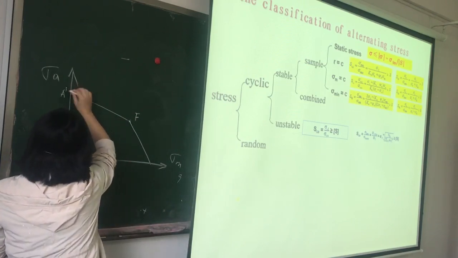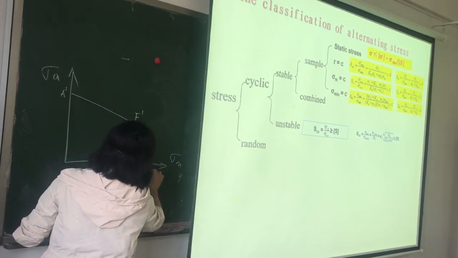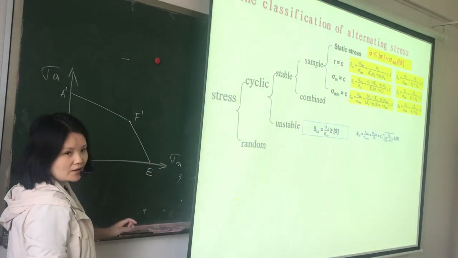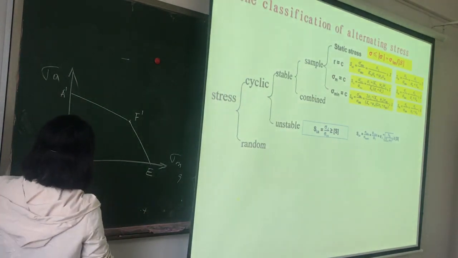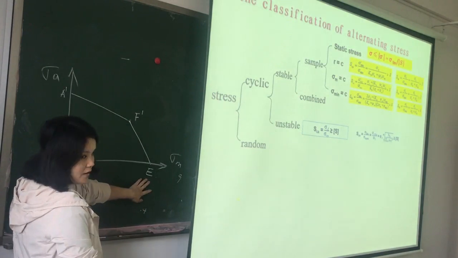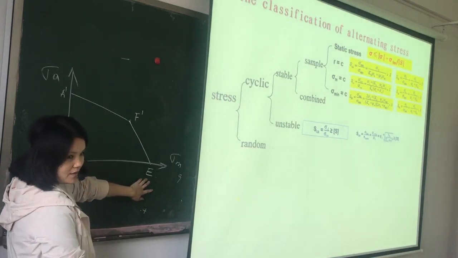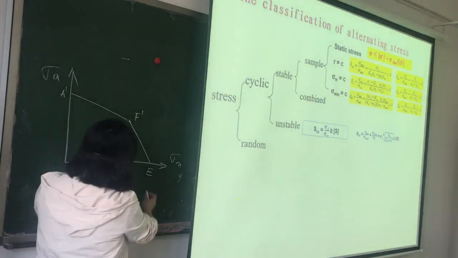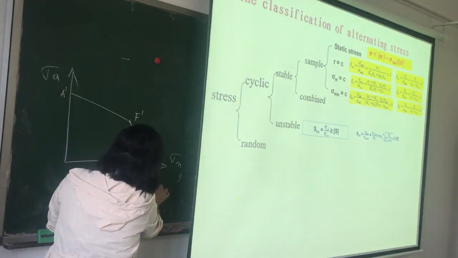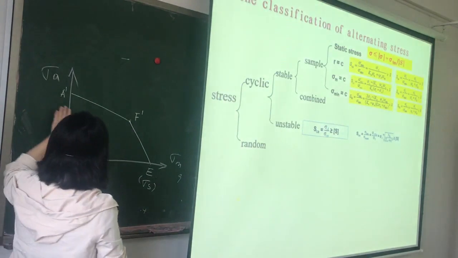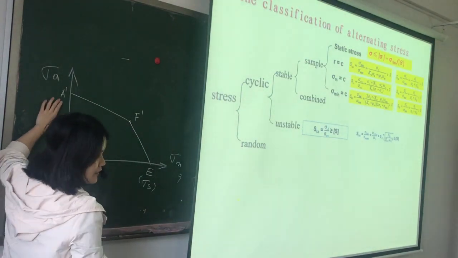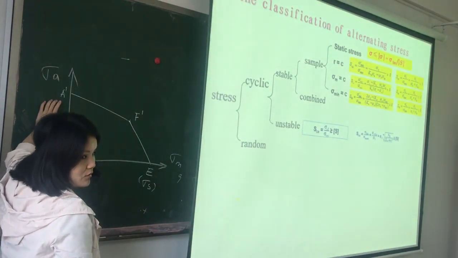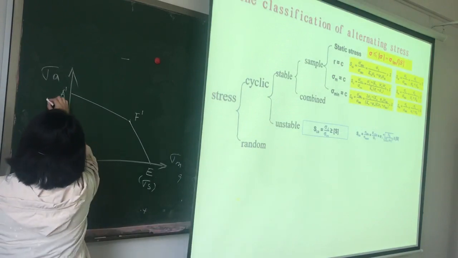This is A1, and this is F1, and this is point E. Point E represents the static stress state, and the stress is sigma S, and A represents the completely reversed stress, and the value is sigma -1.